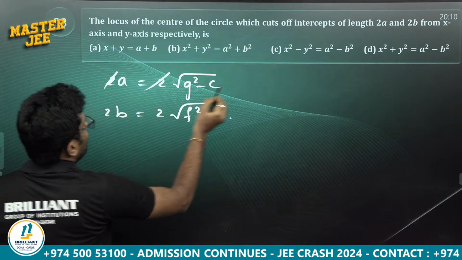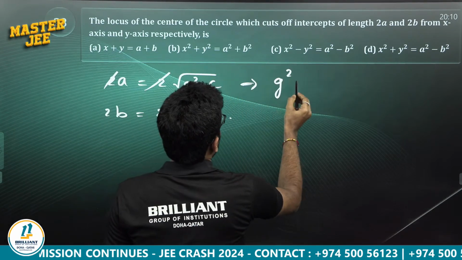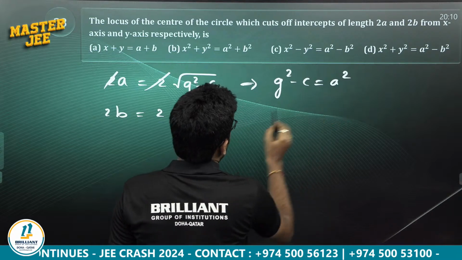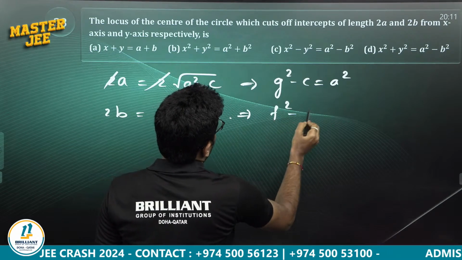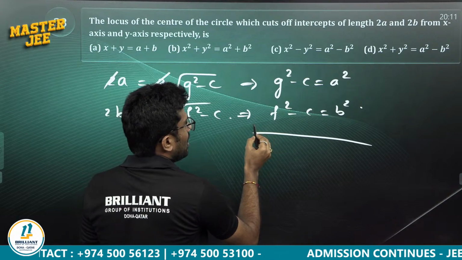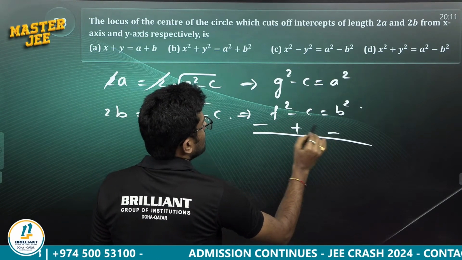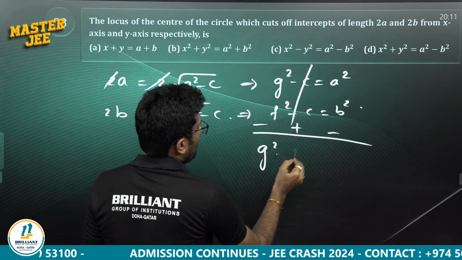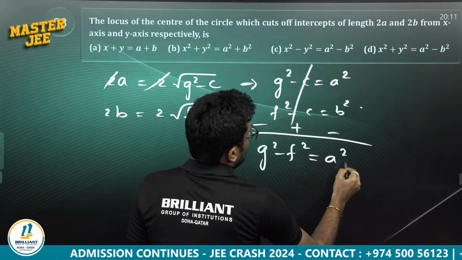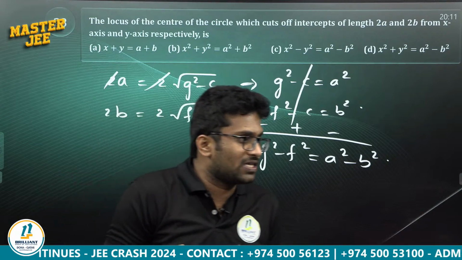Now from here we get g square minus c is equal to a square, and f square minus c is equal to b square. If we eliminate c, we don't want c, by subtracting, we get g square minus f square is equal to a square minus b square. We need the locus for g comma f only, the center of the circle.